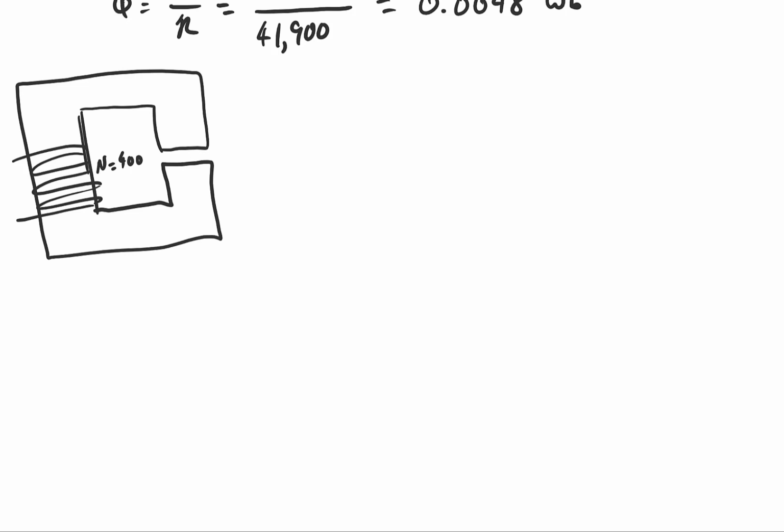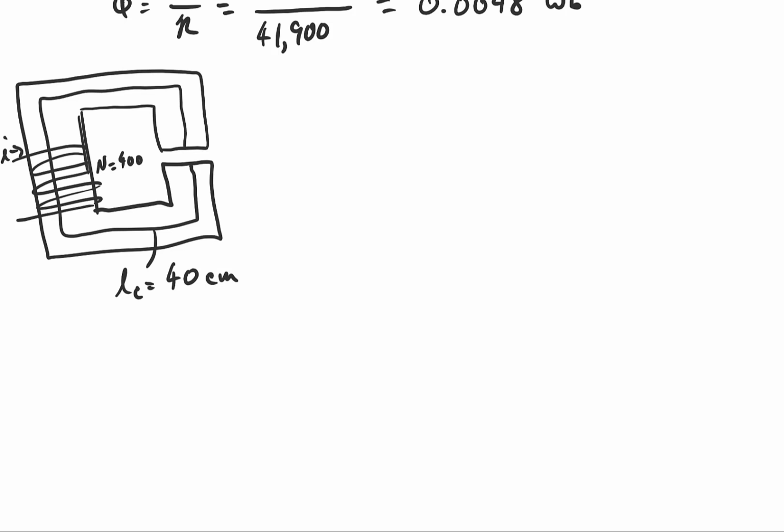This time we're going to have 400 turns. And I'm going to draw in the mean path going around the core, not including the air gap. So that mean path length, L sub C, we're going to say that's 40 centimeters.